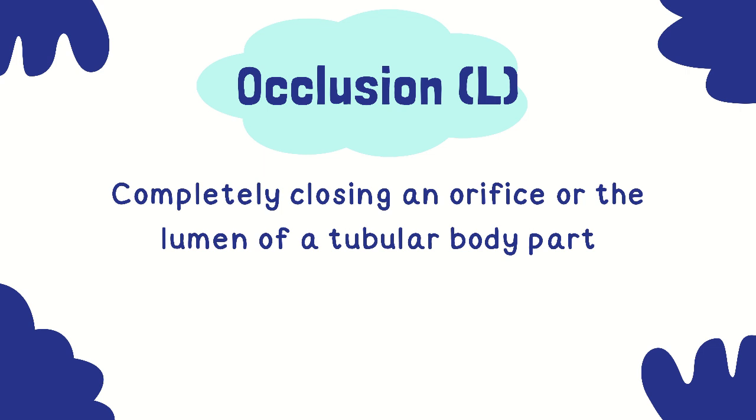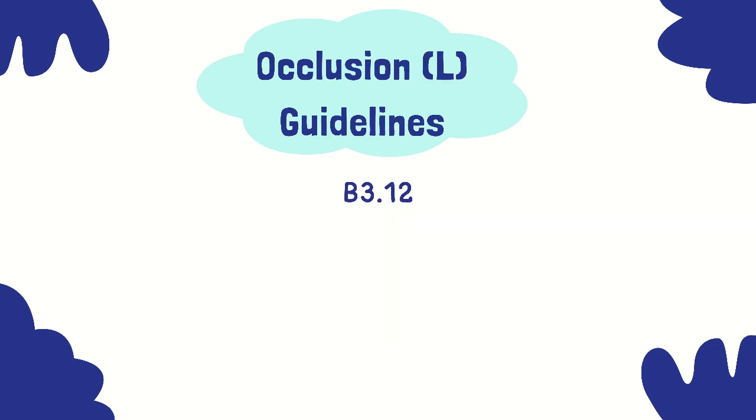So both root operations, restriction and occlusion, involve closing an orifice or the lumen. What's the key word? Partial for restriction and total for occlusion. I have a guideline, B3.12, and B3.12 is occlusion versus restriction for vessel embolization procedures.